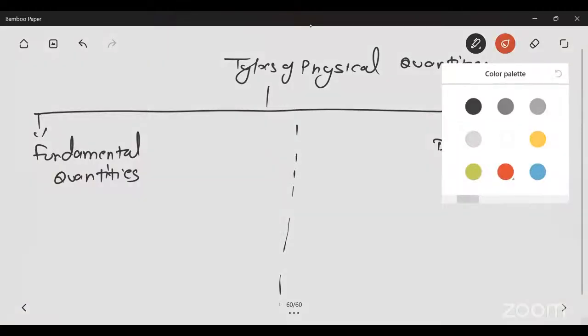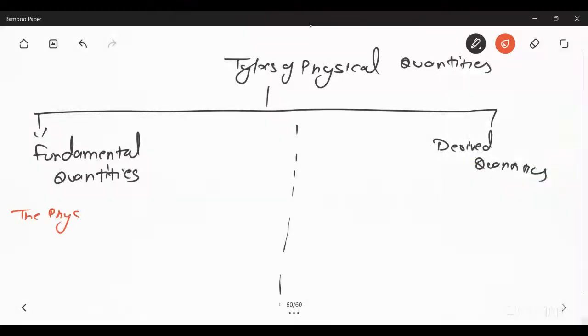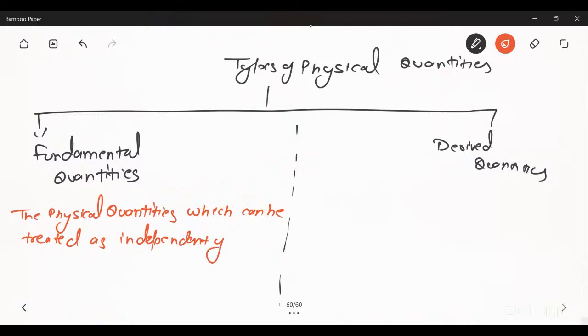So what are the fundamental quantities? The physical quantities which can be treated as independent, meaning they do not require any other quantity to be measured, independent of other physical quantities.